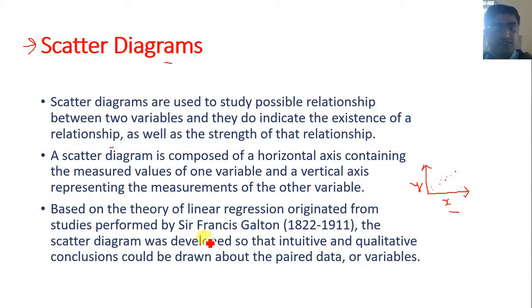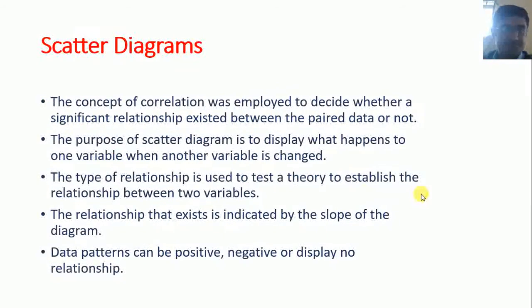The scatter diagram was developed based on the theory of linear regression, which originated from the studies performed by Sir Francis Galton. It gives an intuitive and qualitative conclusion about the paired data, or the variables. The concept of correlation was employed to decide whether a significant relationship exists between the paired data or not.